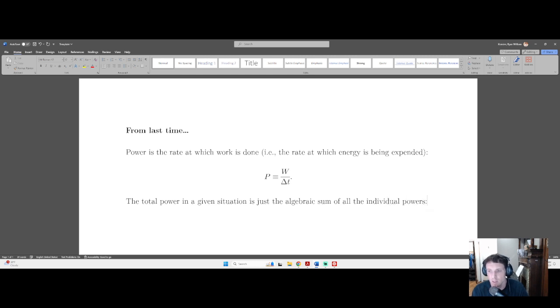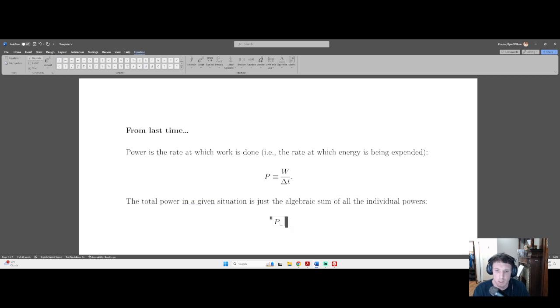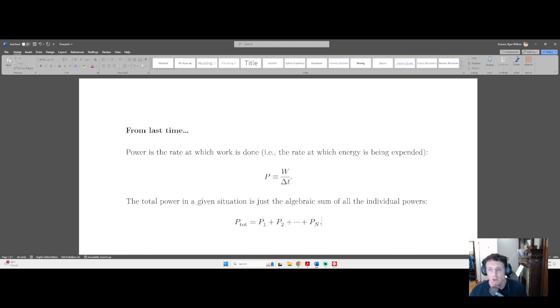If I want to say P total, if you imagine several different forces doing work on an object over some distance, then the total power in that situation is just the sum of all the individual powers. So it's just P1 plus P2 plus dot dot dot all the way down to the nth power.